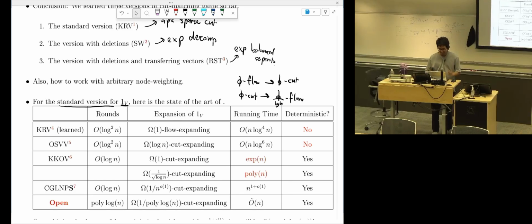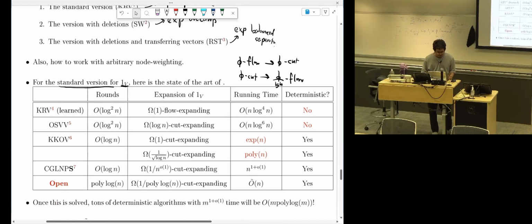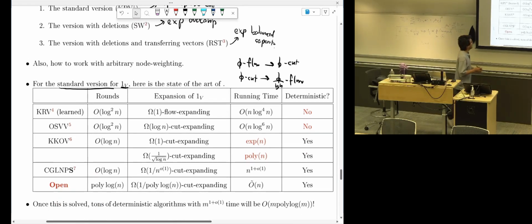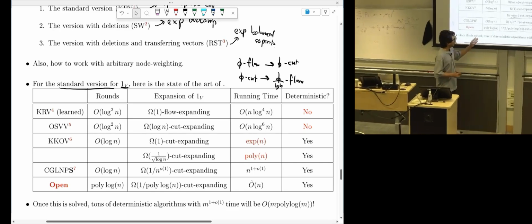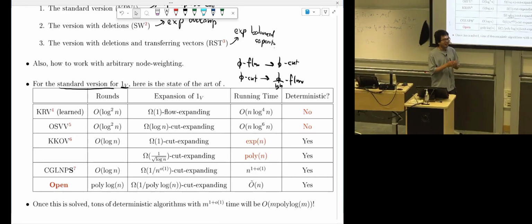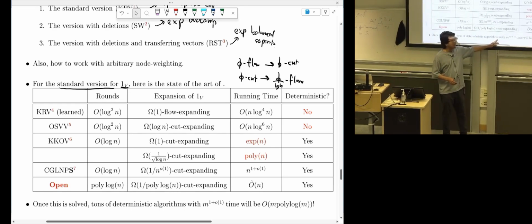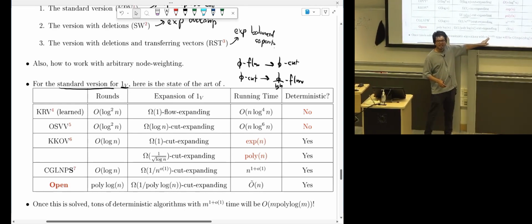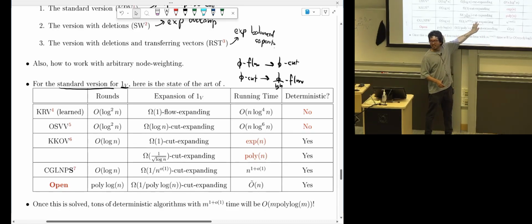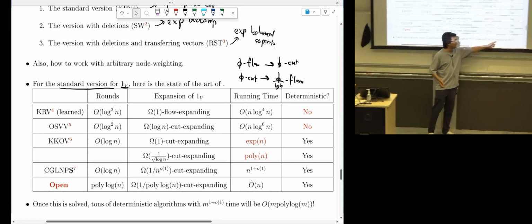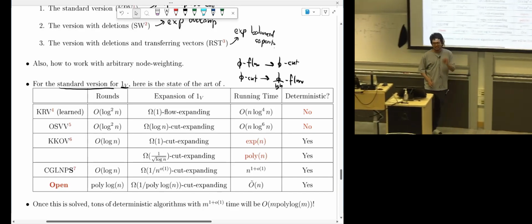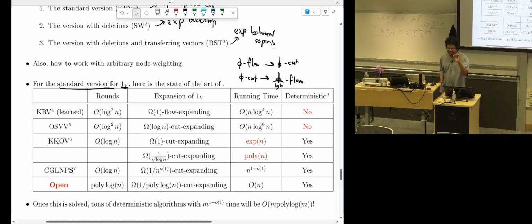That's really open. Why is this good? Because once this is solved, there are tons of deterministic algorithms in graph algorithms that right now got stuck at this time. Why? Because it's based on this thing. If you get this, then the whole host of problems will be improved to this. So it's just a key bottleneck in this area.